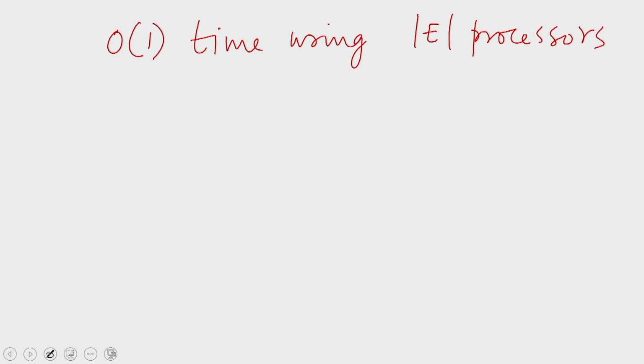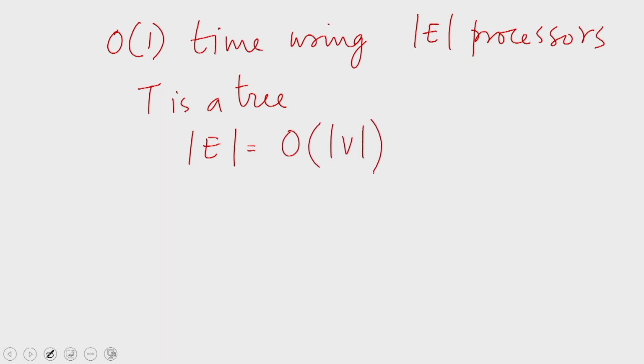But then, since T is a tree, its edge set is of the same order as its vertex set in size. If we denote the size of the vertex set by n, we see that mod E is order of n. So, we require order of n processors and the algorithm runs in order one time. Therefore, with n processors, we can say the algorithm runs in order of one time.